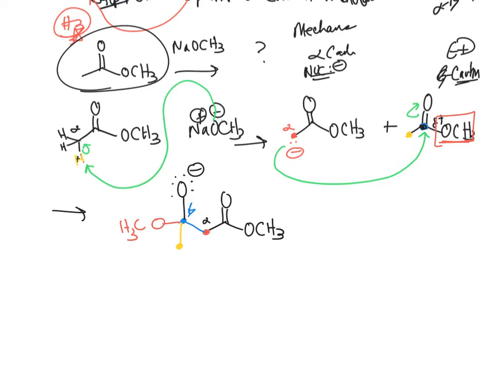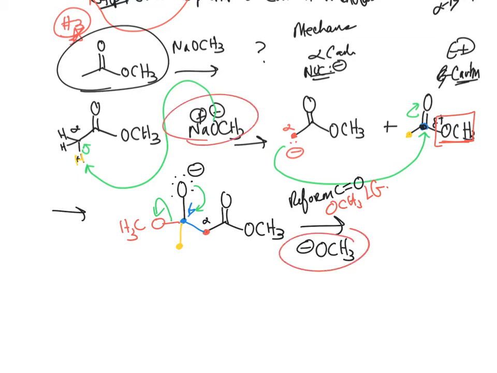We're not protonating this anion. We reform the carbonyl. OCH3 is your leaving group. So electrons go here towards the beta, these leave. Okay, so you're going to lose OCH3, right?